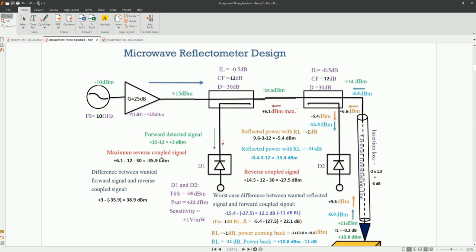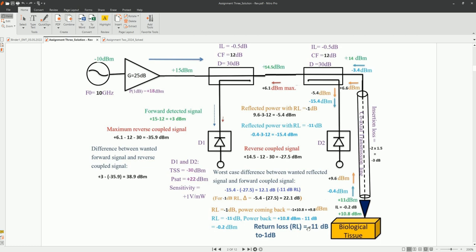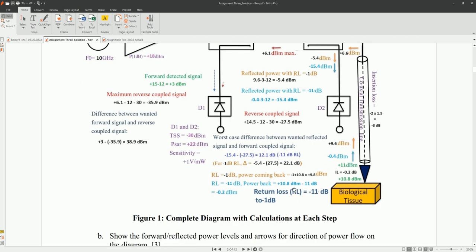The maximum reverse coupled signal is 6.1 minus 12 minus 30, which is minus 35.9, and the difference will be 3 minus minus 35.9, which equals 3 plus 35.9. So this is your 38.9 dBm. So these are the calculations for the power levels of the forward and reflected waves for both types of RL, minus 1 and minus 11 dB.